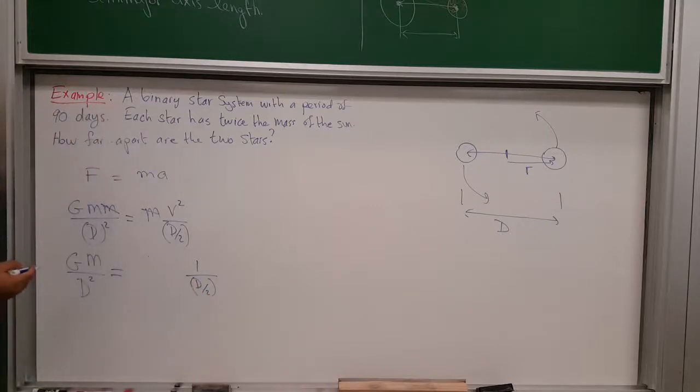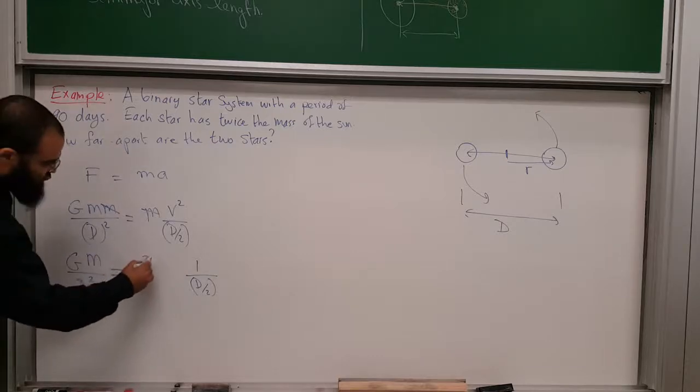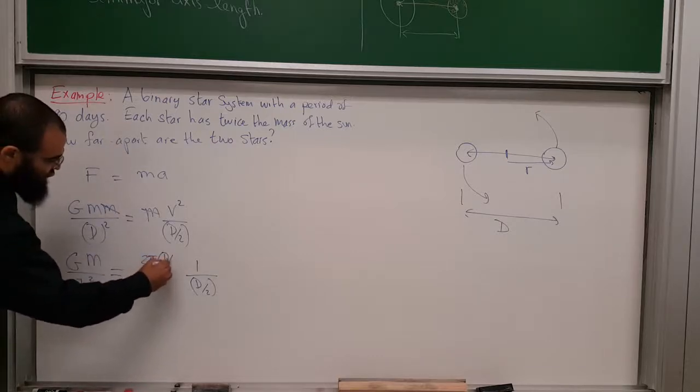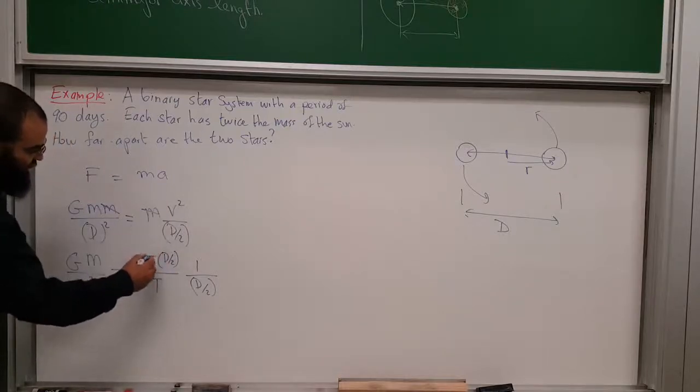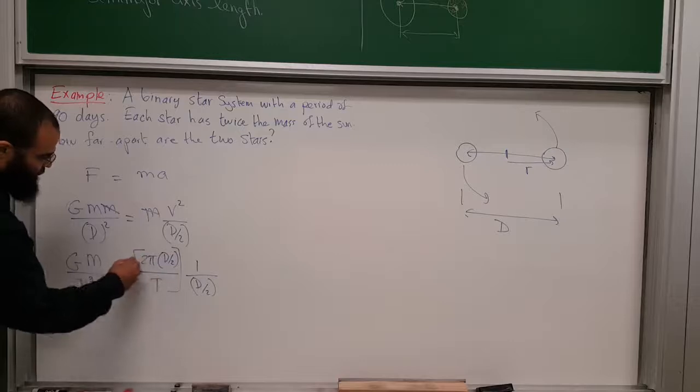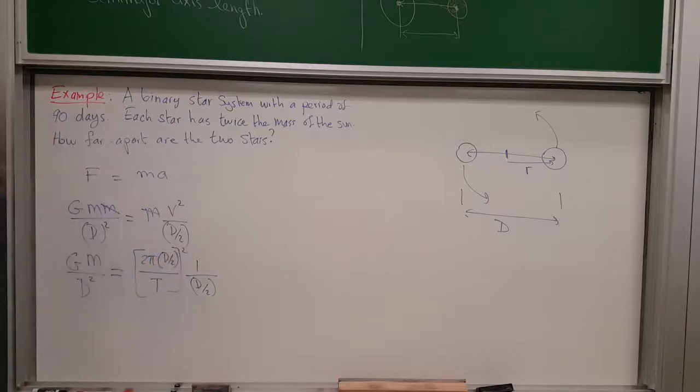And then v squared, v is, since it's going around the circle of radius r in a period of 90 days, so that's 2 pi r divided by the period. So that's 2 pi r, remember, r is D over 2, divided by the period, but remember to square everything.